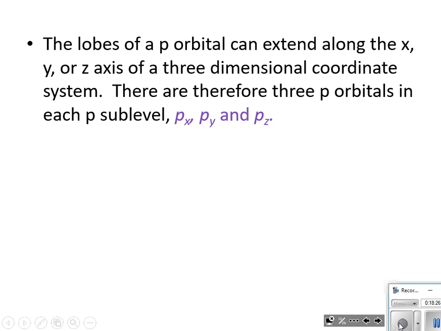It is in the p orbital, and we can say specifically how it's oriented in the p orbital. Is it the px orientation, the py, or the pz? So you might hear me say something like 2px, 2py, 2pz. Those are the 3 orbitals on the second main energy level with this p sublevel.